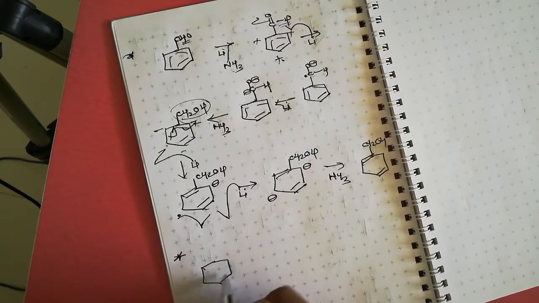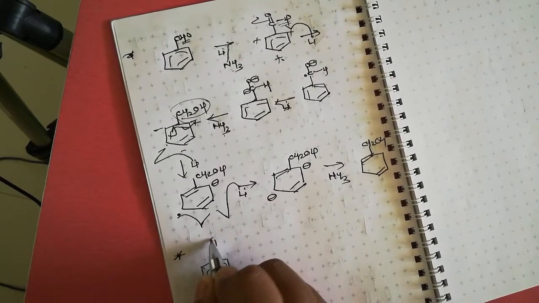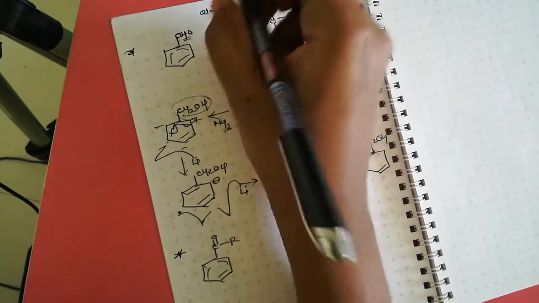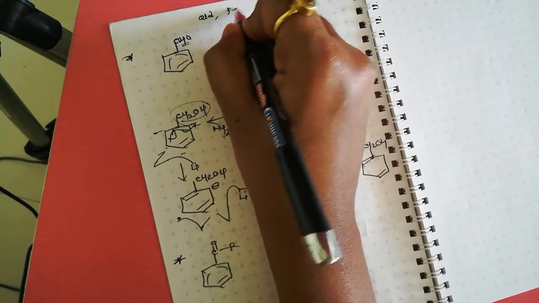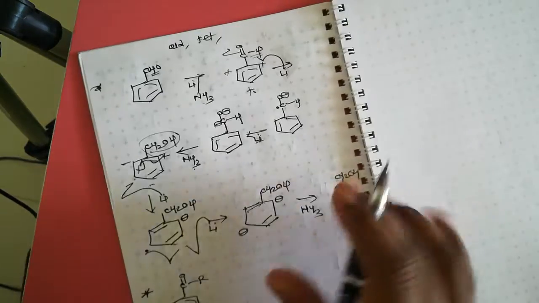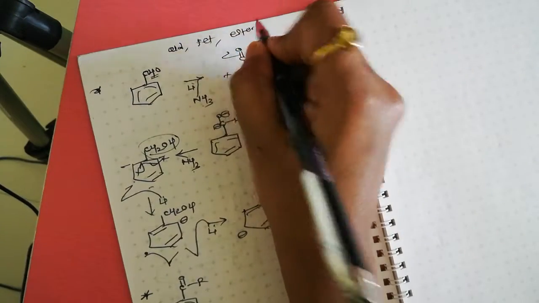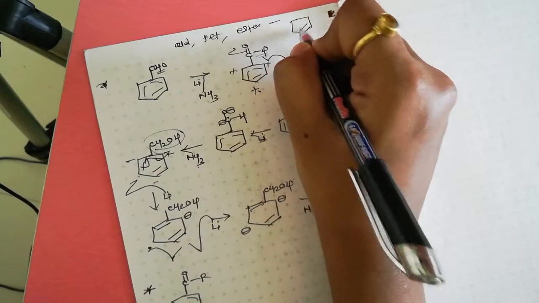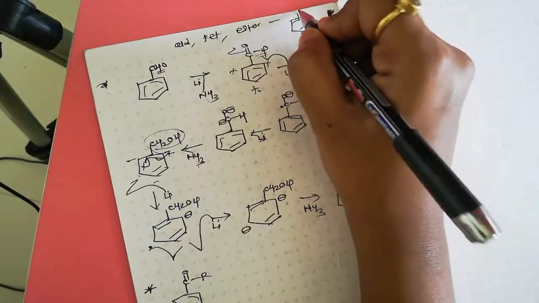If there is a ketone group, remember aldehyde group attached to an aryl ring, ketone group attached to an aryl ring, ester group attached to an aryl ring, it gives this type of product. Why?